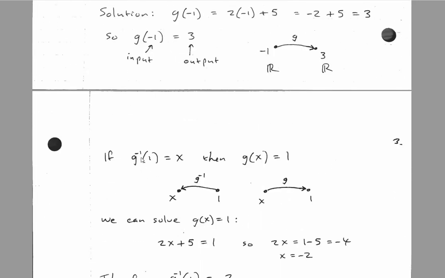Okay, so what's g inverse of 1? Well, we don't know what the number is, let's call it x. So if g inverse of 1 equals x, remember the inverse reverses the arrow, so if g inverse of 1 is x, that means that g(x) equals 1.